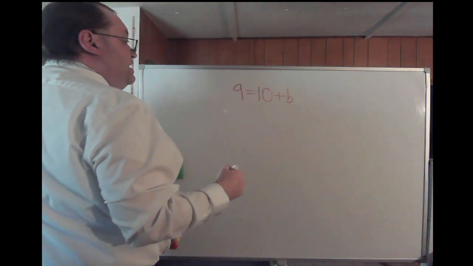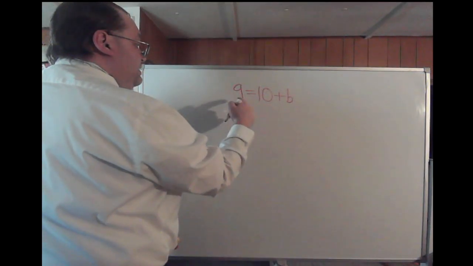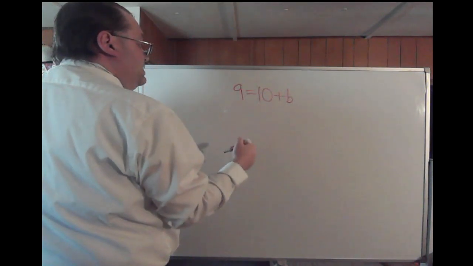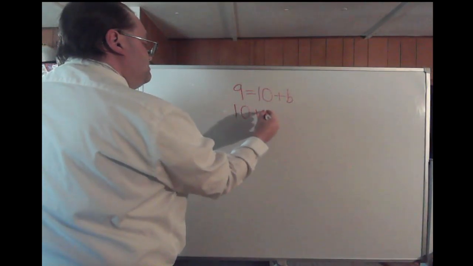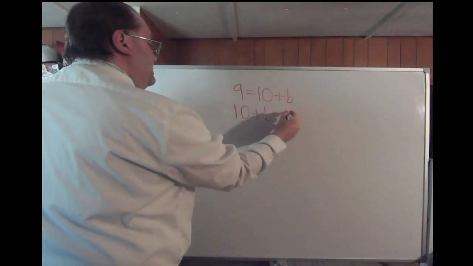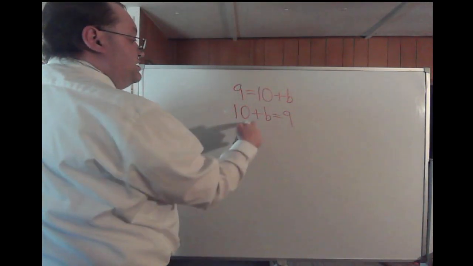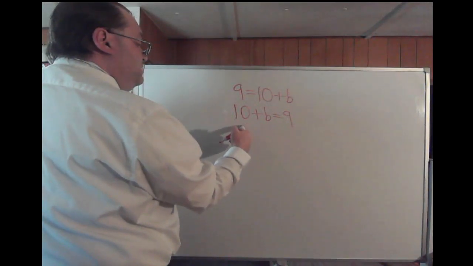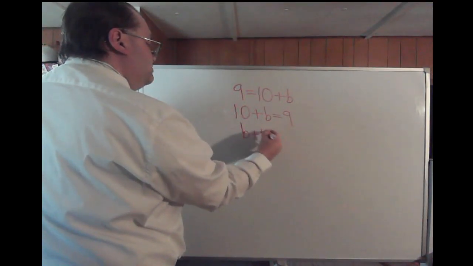Since you have an equality here, you can switch these around, make it where 10 plus b equals 9. Okay? And then by the commutative property, you can move b and 10 around to make it where b plus 10 equals 9.